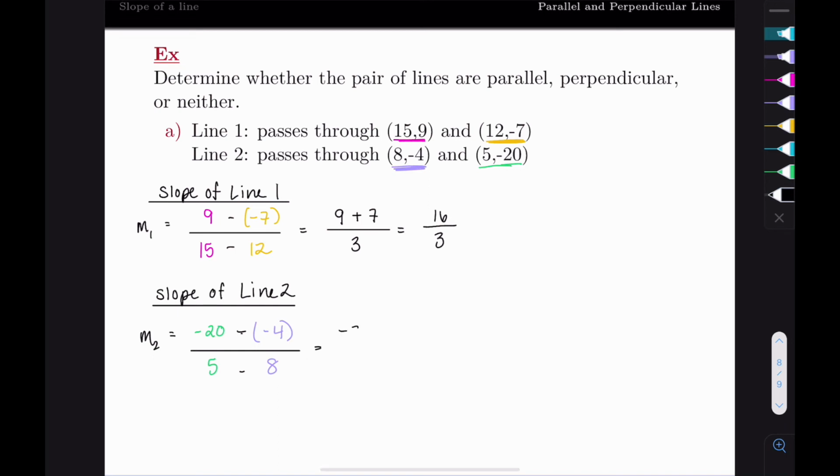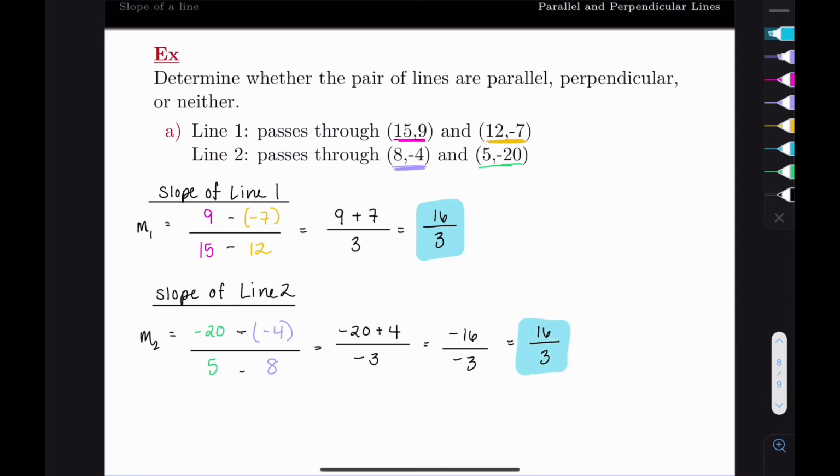And so this leaves us with negative 20 plus 4 in the numerator, and then 5 minus 8 is negative 3. So we get negative 16 in the numerator after subtracting, negative 3 in the denominator, which really those minus signs cancel each other out, and we end up with 16 over 3. So the slope of line 1 is 16 over 3.